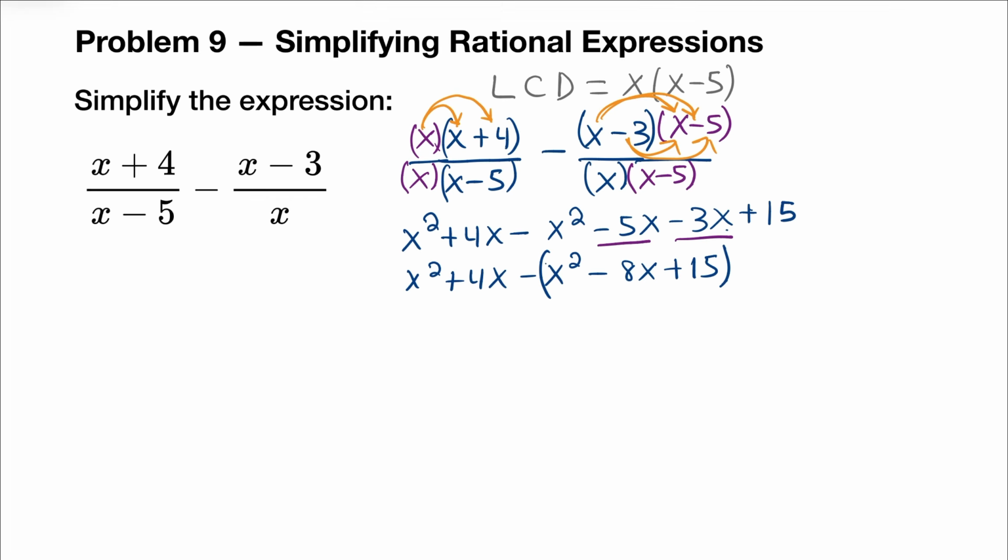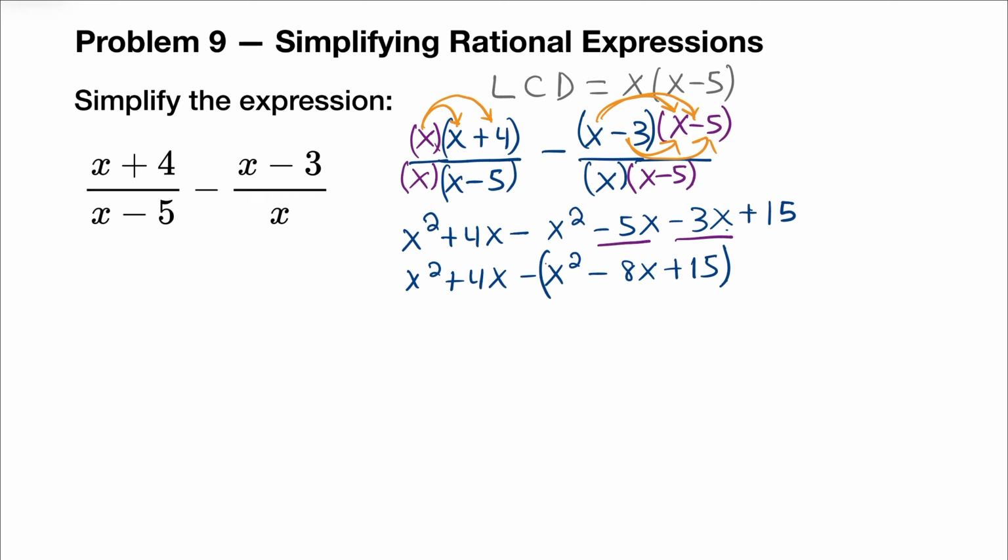Now, another thing I want you to see is that this negative sign is being distributed to each term within the parentheses. Okay, very important. They're going to become the opposite of what you see now.